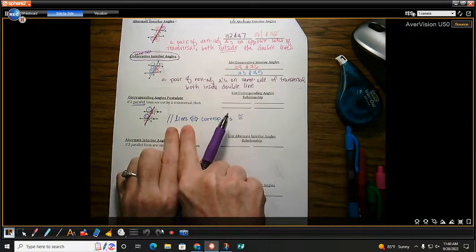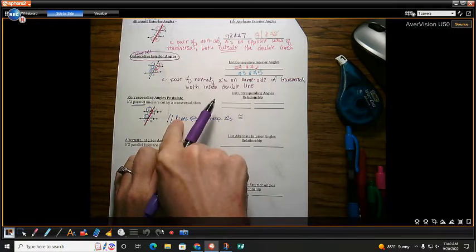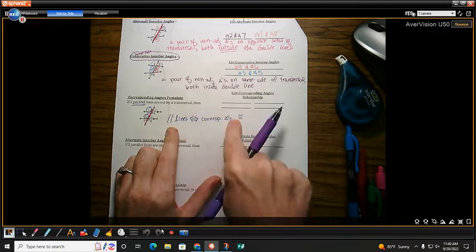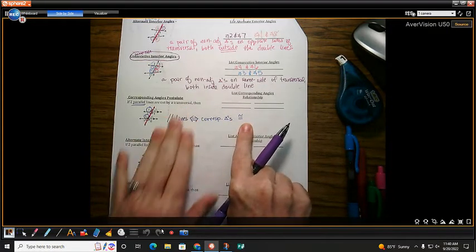That the lines must be parallel. So if I know they're parallel, then the corresponding angles are congruent. If I know the angles are congruent, then the lines have to be parallel.